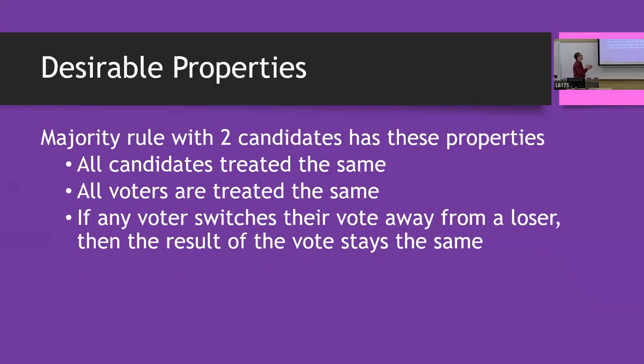And here's the other one. If I'm a voter and I had voted for the losing candidate, if I wanted to switch my vote, the result stays the same. All right. So if you have only 2 options and you voted for a losing candidate, switching your vote around does not change the vote.